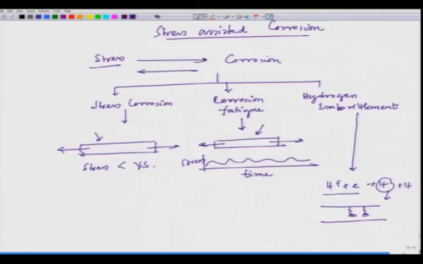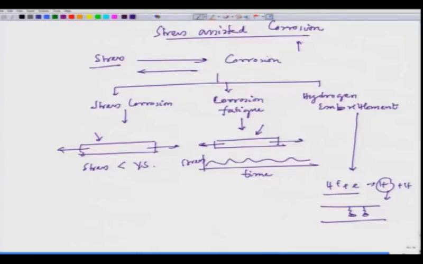and those failures could be along the grain boundary. For example, in case of a sensitized stainless steel, if we have a stress effect also, the corrosion and stress will allow this material to fail along the grain boundaries. So, you will have intergranular stress corrosion in that case.